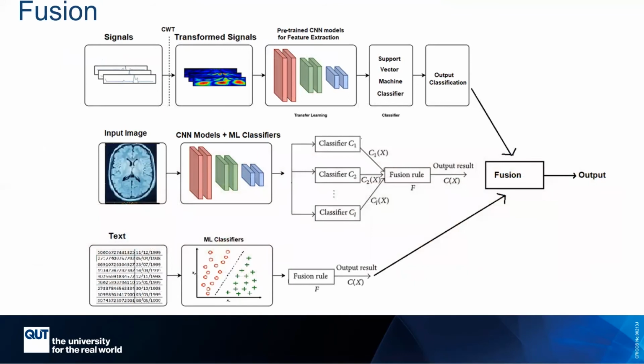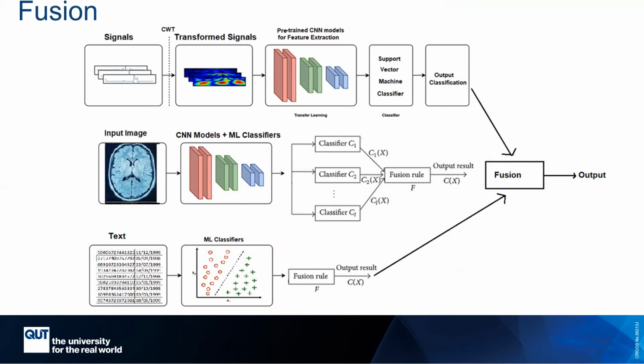Last but not least, one of the good ideas for medical images, which I believe is fusion. Fusion is a good technique to give a robust decision. For example, it could be the same source: you can use several algorithms, then fuse them into one decision.